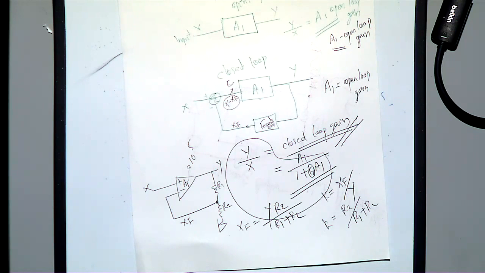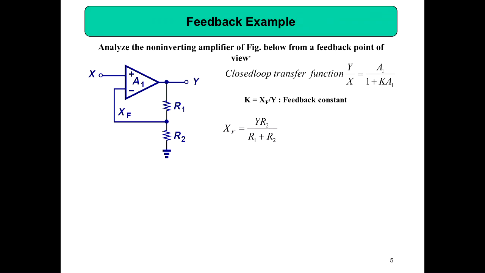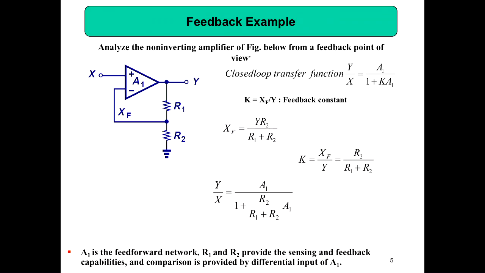So we came up to that point, and then we took this as an example. That's what I discussed now. So you can vary the closed loop gain Y by X, and A1 is fixed. By using different R1 and R2 combinations, you can get a gain of 5, a gain of 10, whichever gain you want.